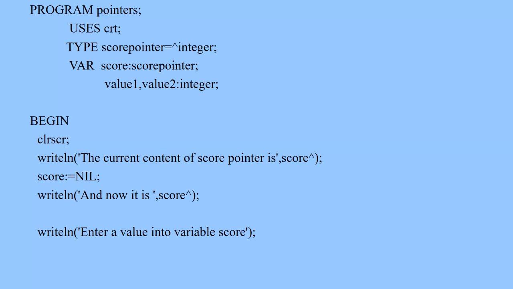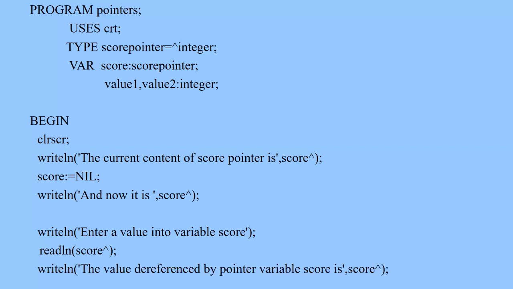Then writeln: enter a value in a variable score. So we pick whatever the user enters, and then we store it in the memory location which is being pointed to by our pointer score. We then write out the value referenced by pointer variable score is.